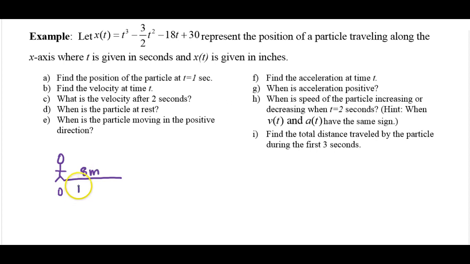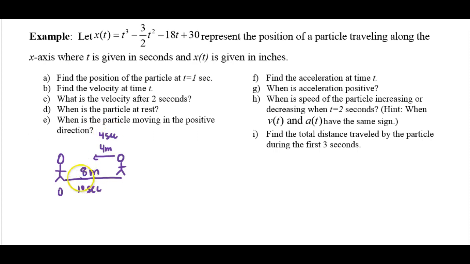So 8 meters in a total of 10 seconds, and this is where he ended up. And then he stopped. And then some time passed, and then he turned back and went 4 meters back toward where he was in the first place, and that took a total of 4 seconds.